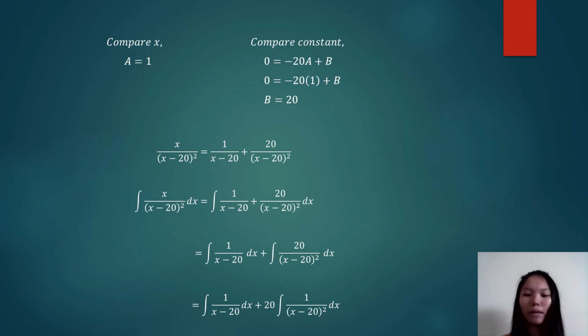Thus, we integrate the partial fraction decomposition. The integral of x over (x minus 20) squared dx becomes the integral of 1 over (x minus 20) dx plus 20 times the integral of 1 over (x minus 20) squared dx.